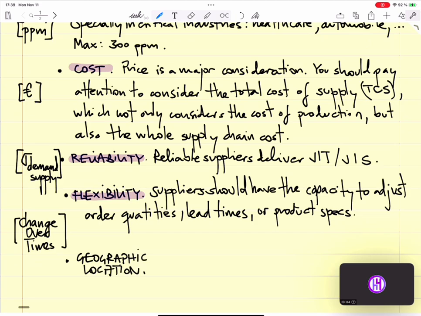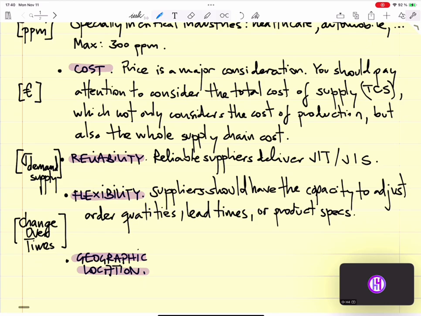So why are German car companies shifting from China to Hungary? Because you can reach Hungary within hours, and China you need to be days on the road, or on the ship.